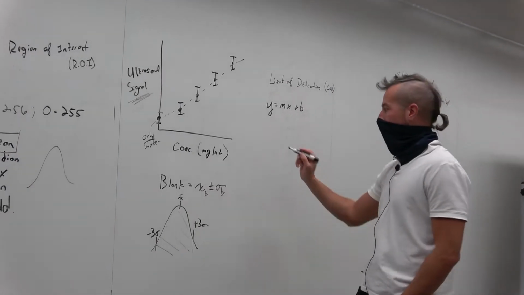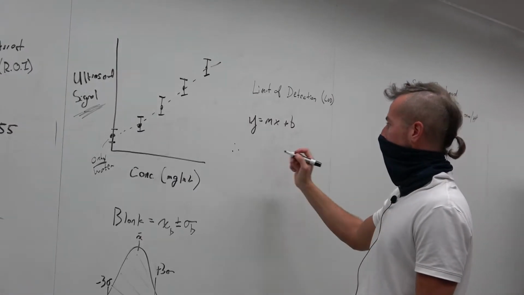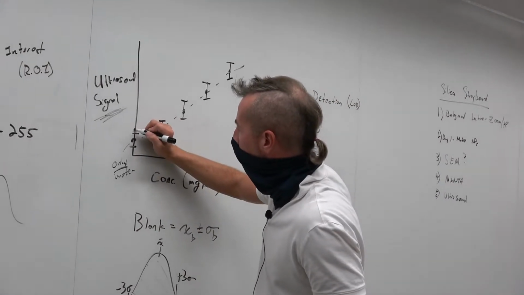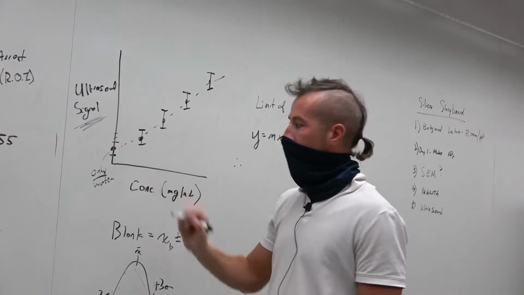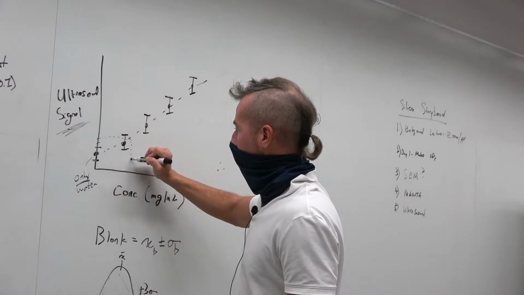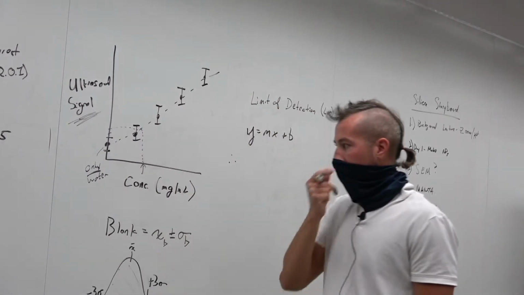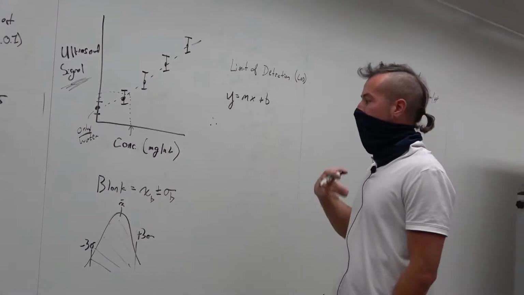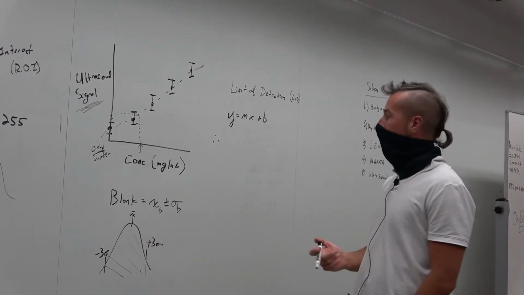So therefore, if we take our y value and go up 1, there's 2, there's 3 standard deviations, and come over to this line and back calculate down, this is the calculation, the concentration that gives us 95% confidence that we can reliably detect it.